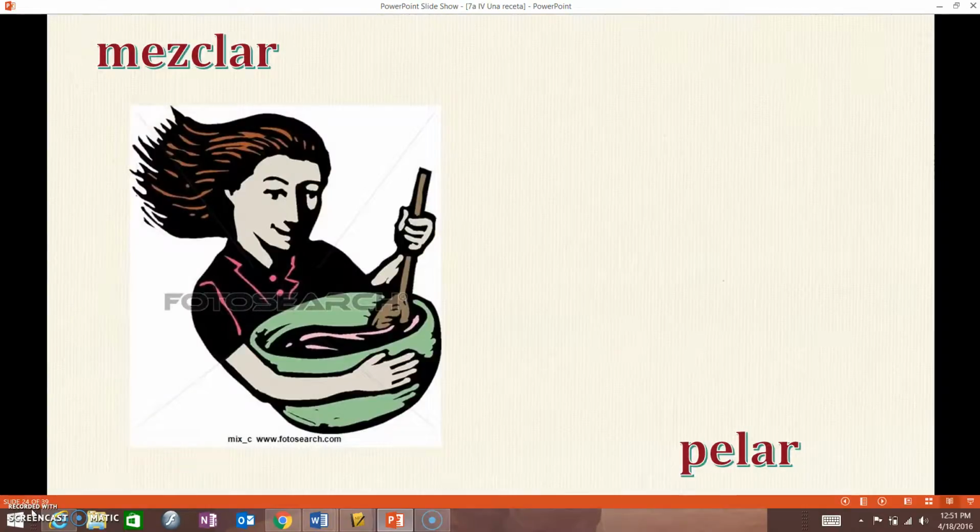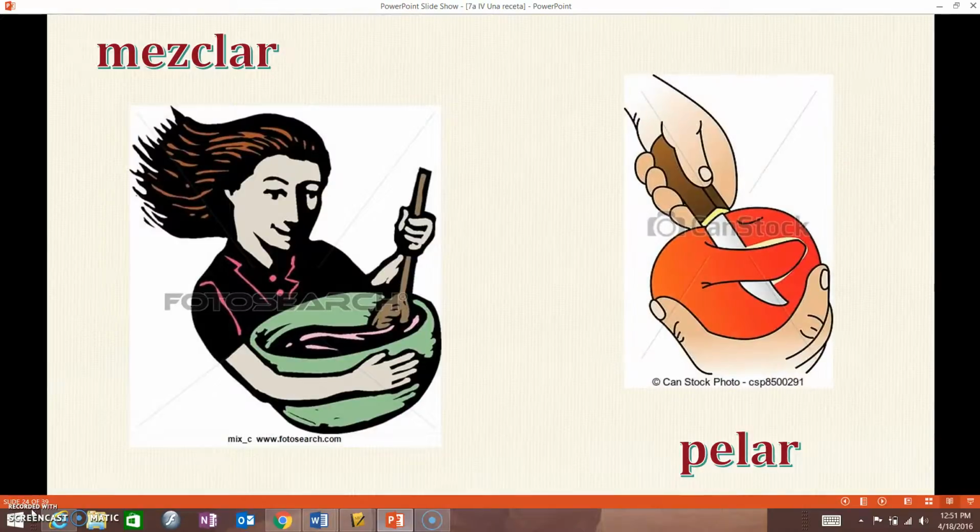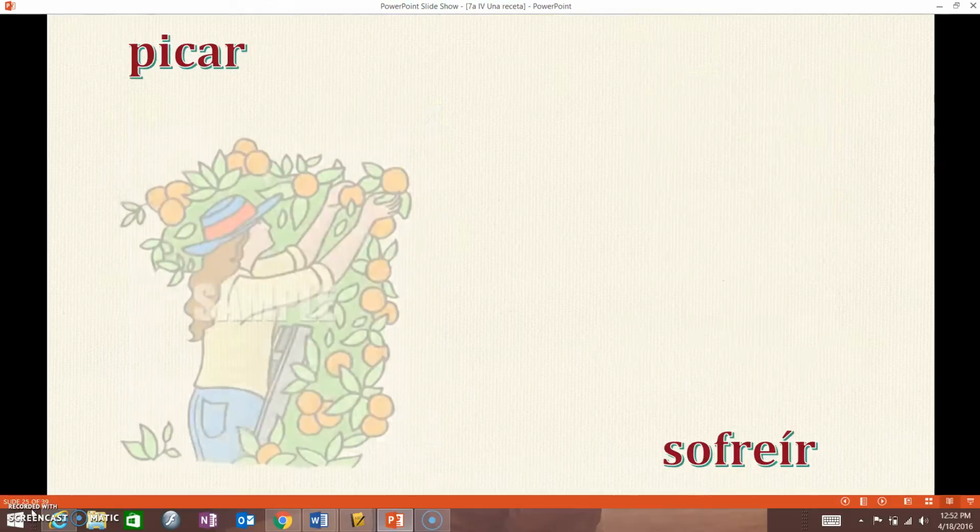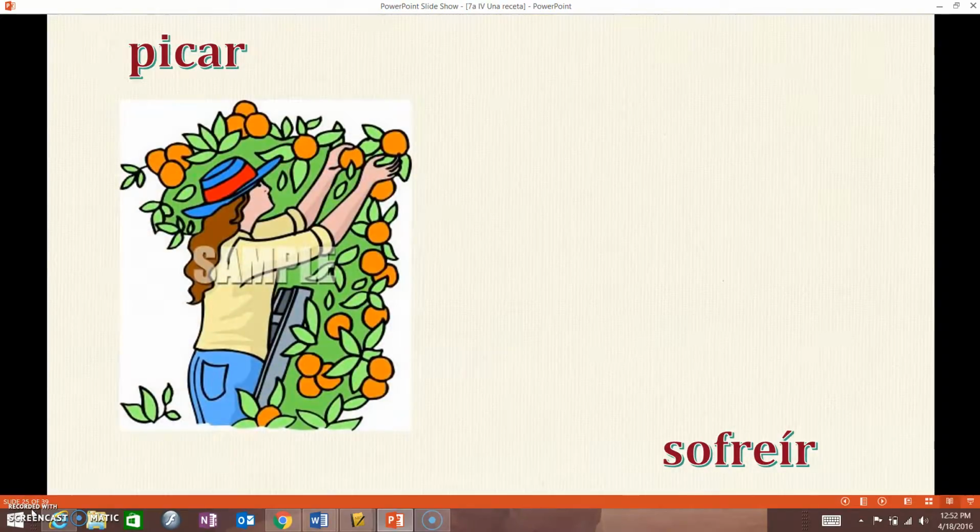Mezclar es como batir, to mix, muy semejante a batir. Y pelar es usar un cuchillo para quitar la piel, the skin, to take off the skin. Picar es como cortar, puede usar picar como to pick, pero también se puede usar picar como to chop.